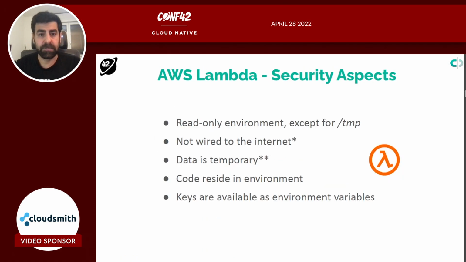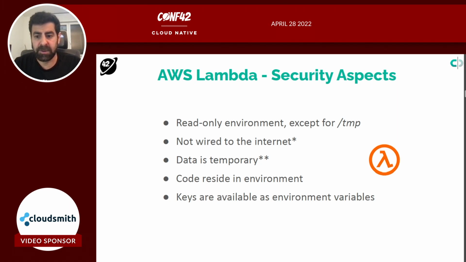We said Lambda. Lambdas are really the compute, the service that runs your code. Those are read-only environments that have a /tmp folder if you want to write some files. They are not wired to the internet in the sense that you cannot SSH to them. They, of course, have connections. You can create HTTP requests or any type of request inside or outside, but you cannot connect to the runtime. The data is temporary.